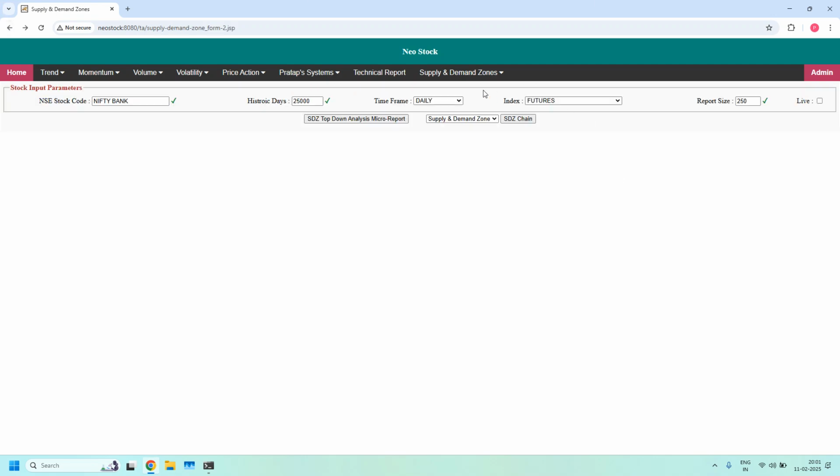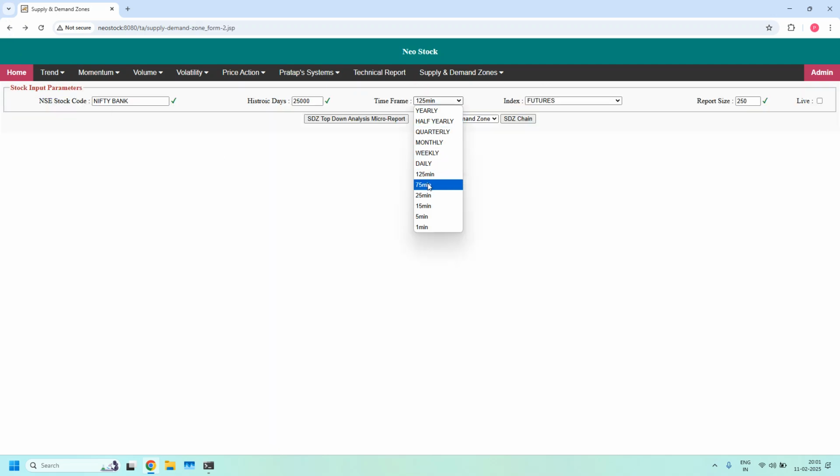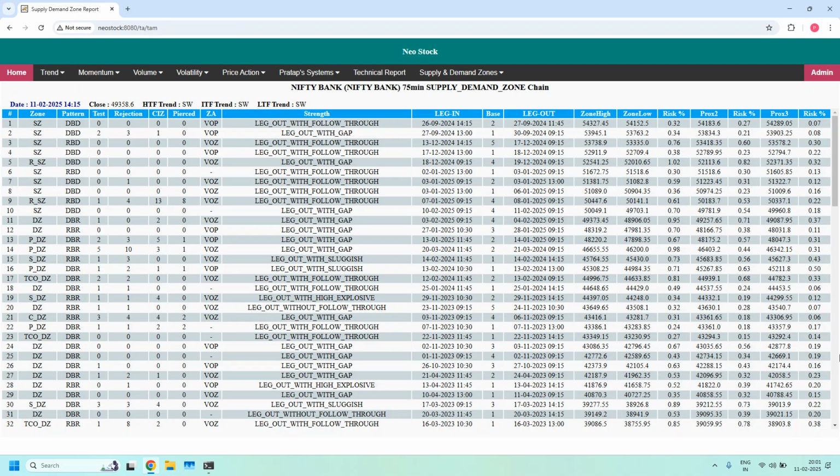Next, 125 minutes supply demand zone chain for BANKNIFTY. Next, 75 minutes supply demand zone chain for BANKNIFTY. 11th is the nearest demand zone to the current closing price.